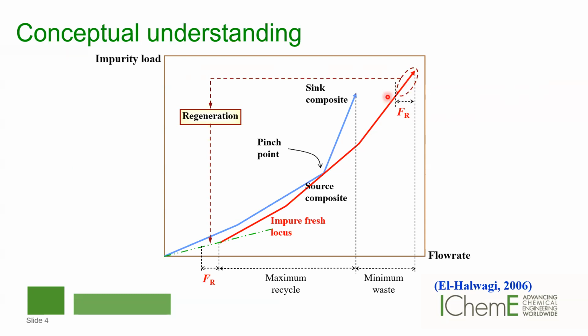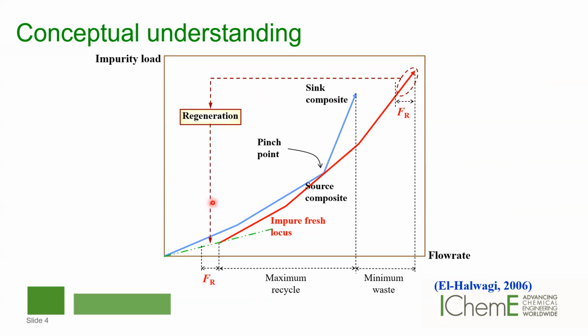But now we will regenerate part of the waste stream, so that means it will undergo purification. Some examples of purification processes can be membrane absorption, ion exchange, distillation, anything that can purify the streams. And once we do that, then we can cut down more of the freshwater requirement.